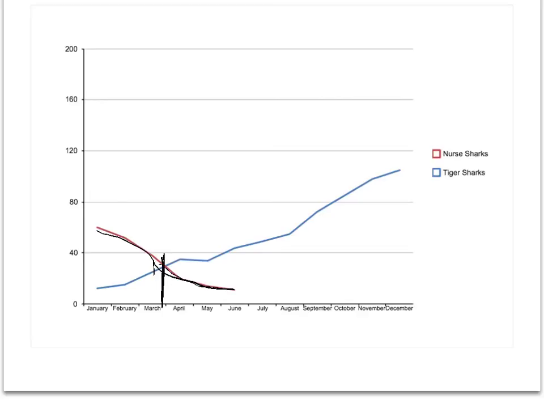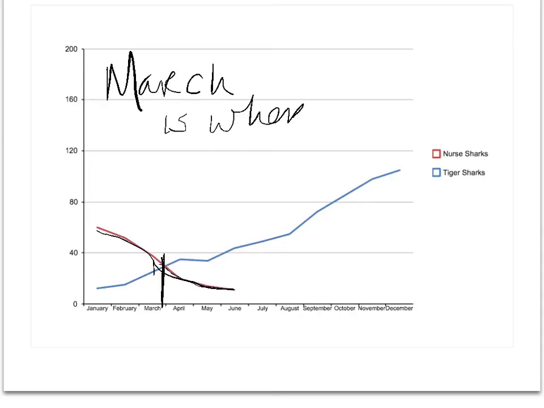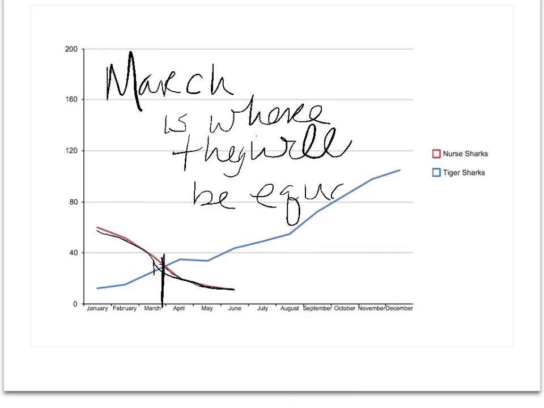We're just going to say March, because it's not quite to April, is where they will be equal. And all that is an approximation. The other thing I can say, as the nurse sharks decrease, the tiger sharks increase. That's kind of an interesting note there.